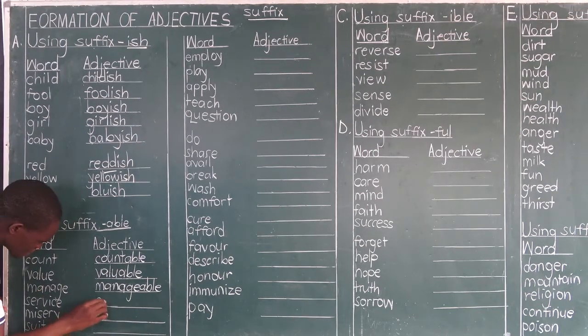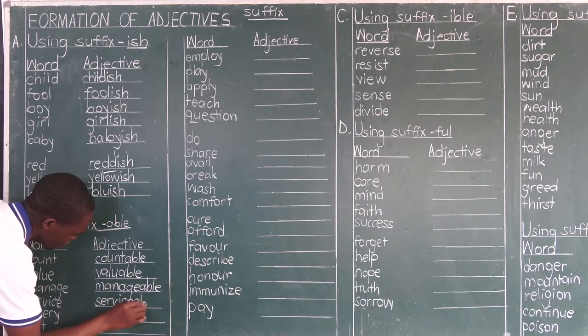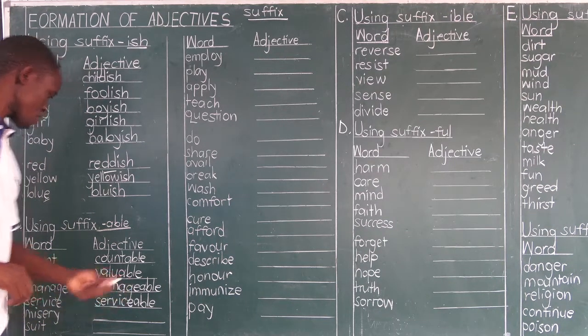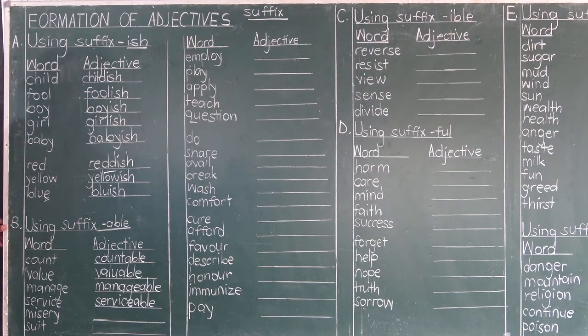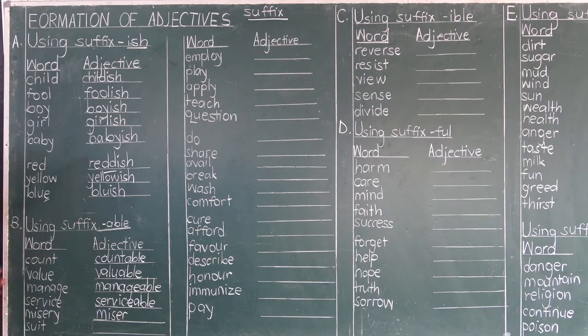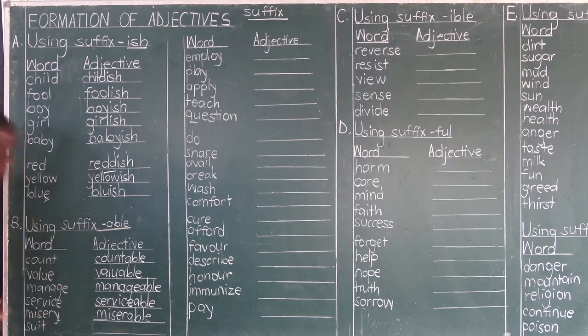Service, we will write service again plus able, and that is serviceable. S-E-R-V-I-C-E-A-B-L-E. Serviceable is our adjective from service. From misery, we have miserable. The last letter is thrown away before we replace it with A-B-L-E, to come up with the adjective miserable.